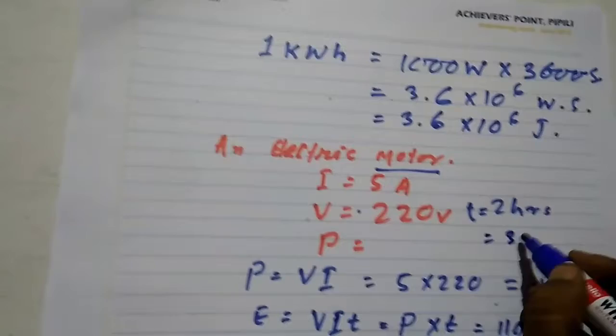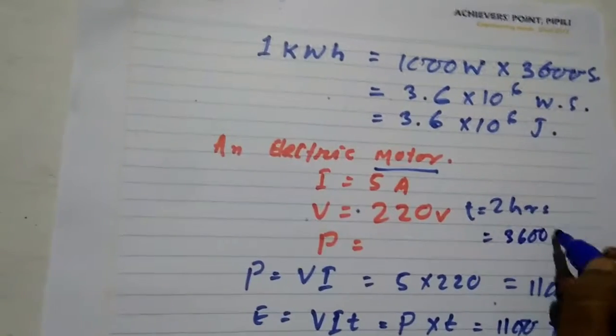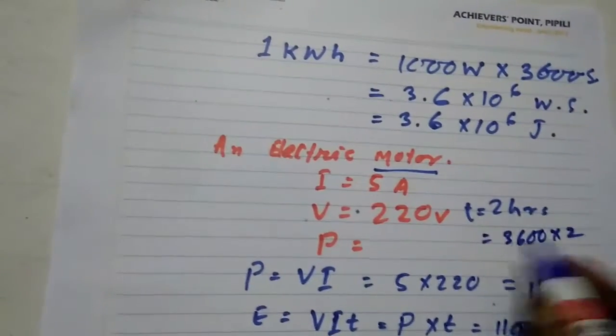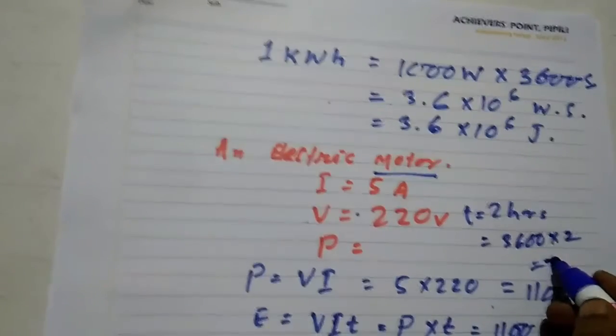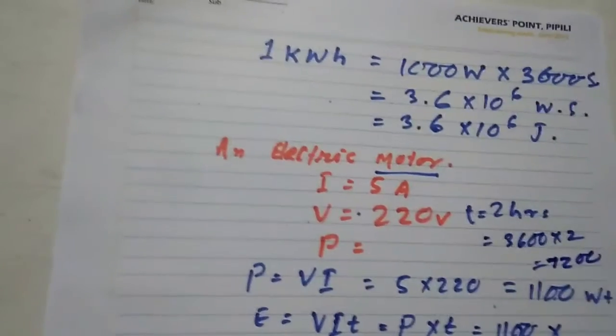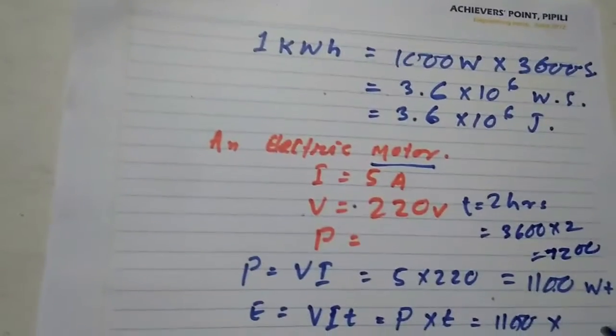Converting into seconds, 3600 into 2 is 7200 seconds.